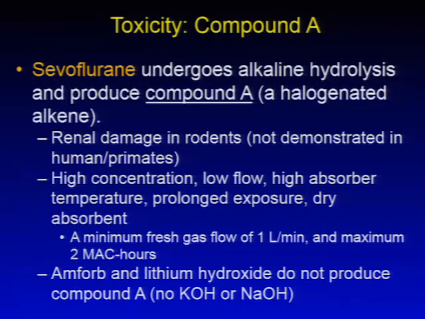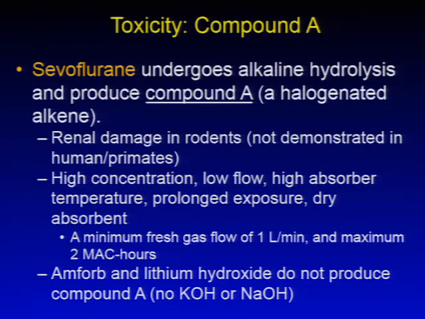So, compound A. As you may know, sevoflurane undergoes alkene hydrolysis and produces compound A, which is a halogenated alkene. Compound A is reported to cause renal damage in rodents. However, the good news is that this damage has not been reported in humans and primates.